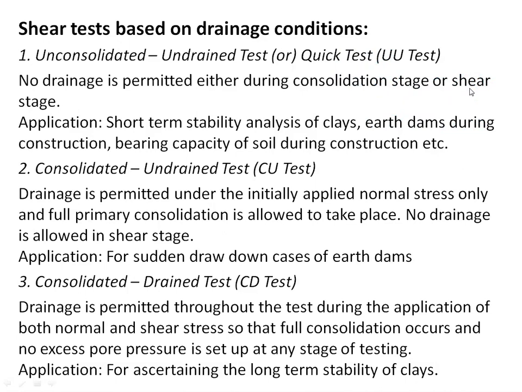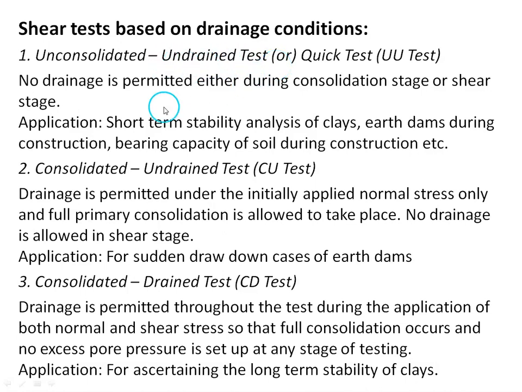If the drainage is not permitted in both stages, both the consolidation stage as well as the shear stage, then it is called the unconsolidated undrained test. Because there is no drainage, no settlement happens, so it is unconsolidated. And throughout the test the drainage is stopped, so it is called an undrained test.